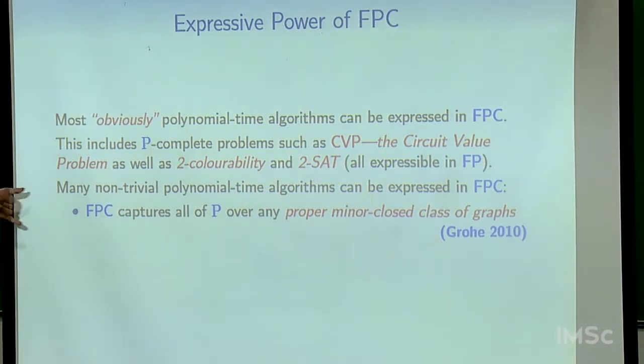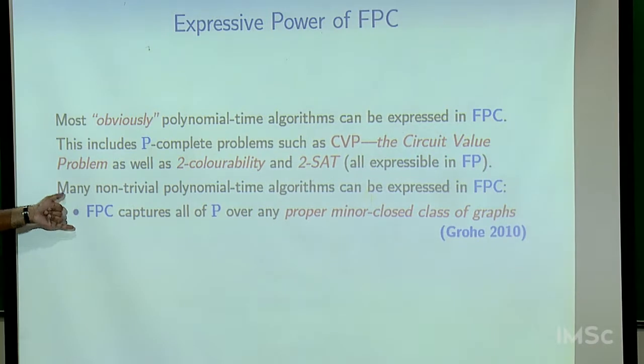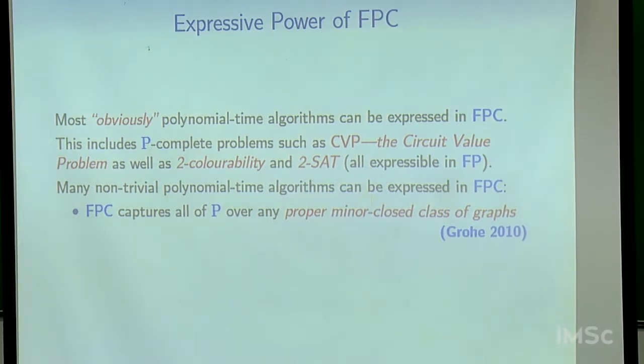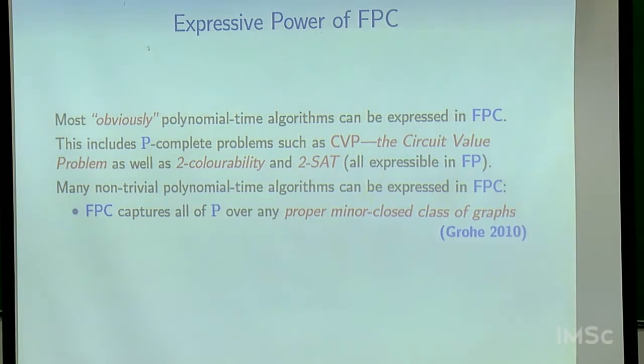The proof is available in a 500-page manuscript that appears on Martin Grohe's website. It's due to appear, I assume, still under refereeing, as an AMS monograph. It's sort of a culmination of a decade of work along these lines, but it gives us a really wide range of things which are, it's still surprising that they're in polynomial time, but they're actually expressible in FPC.